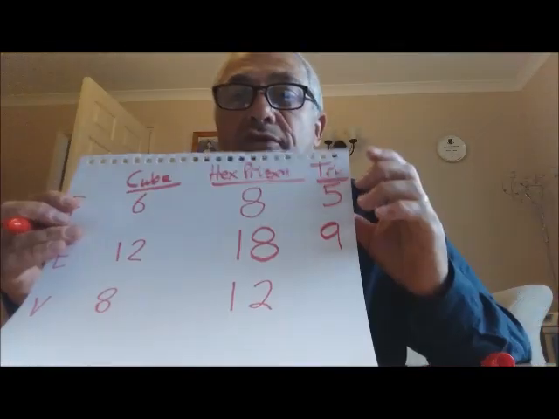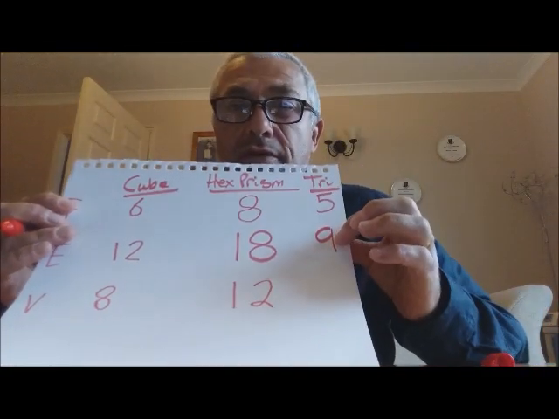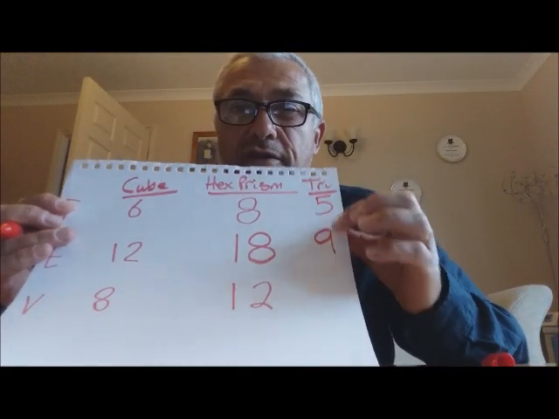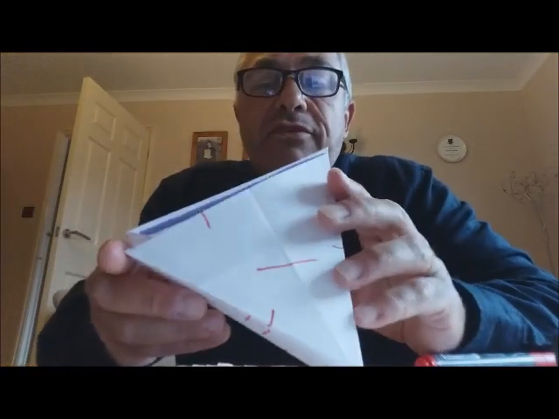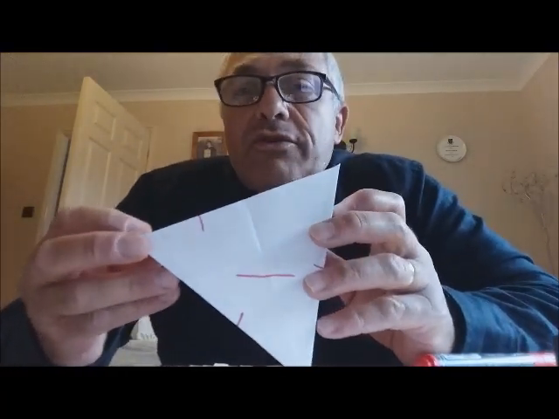Okay, so when we talk about edges, there's 9 of them. So for a triangular prism there are 9 edges, and in vertices, well, this isn't too bad, I'll just hold this up. So vertices are the corners, the pointy bits.